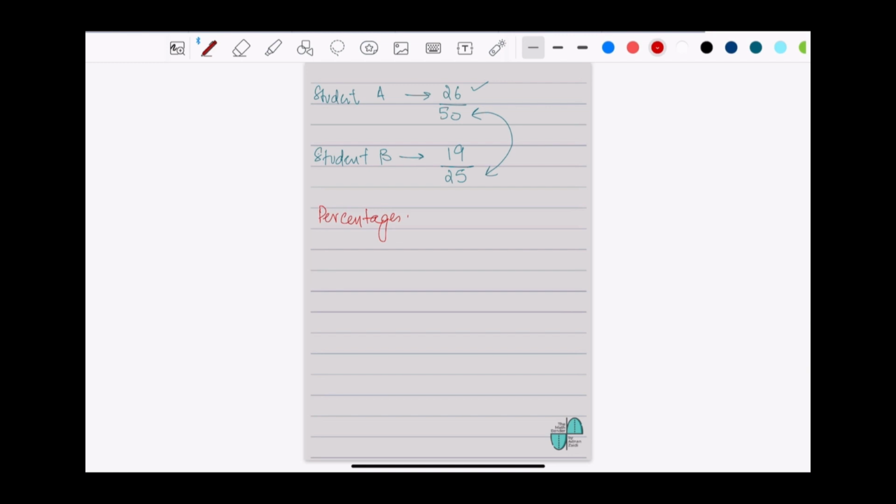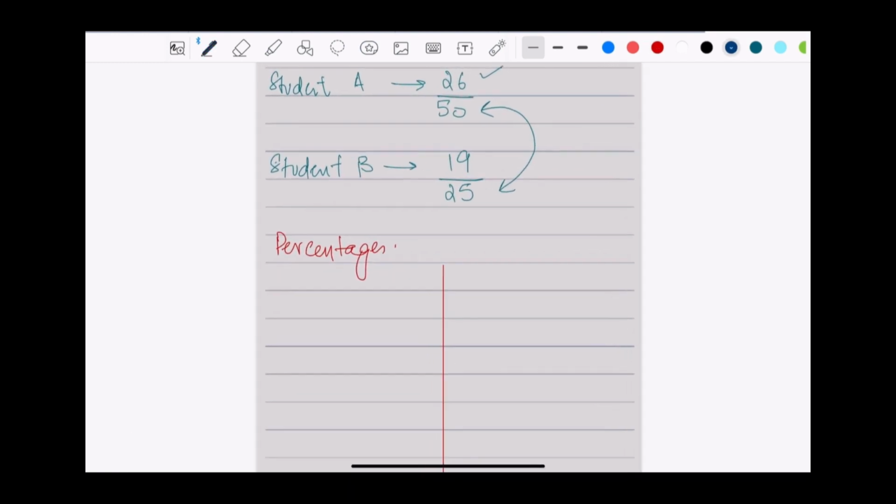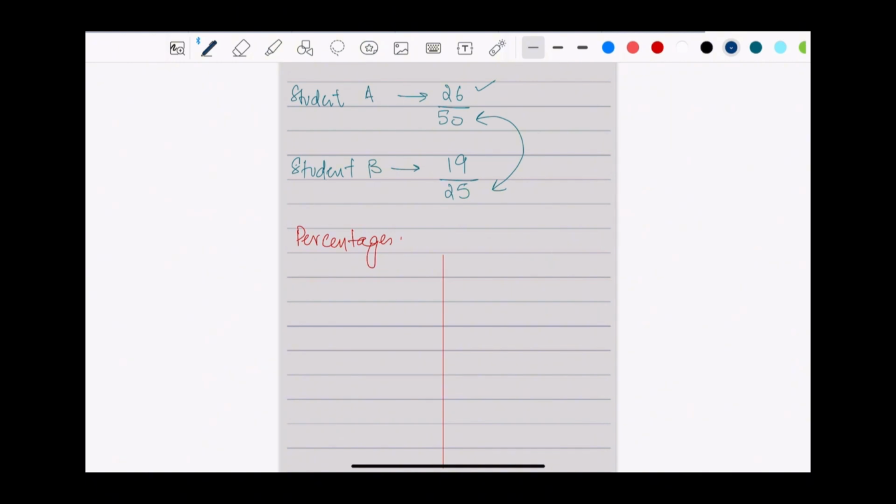And in order to calculate percentages, there may be multiple formulas, but I don't go with formulas. So it's better to go with an approach which we can use easily. So let's say for student A, the total marks were out of 50, this is marks, and percentage, which is maximum percent, which is 100.